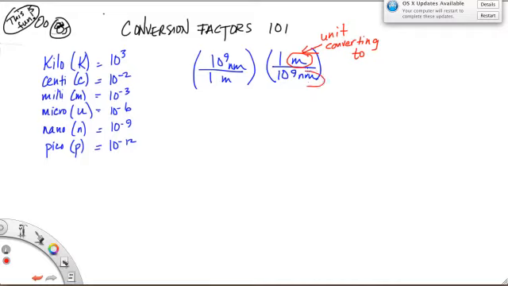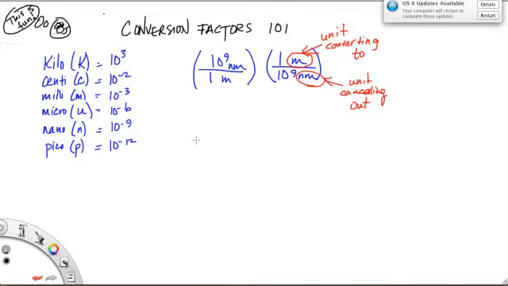And the unit here in the denominator is the unit that we're canceling out. And if we keep that in mind when we work through our problems, it will be easy to determine which conversion factor we want to use.